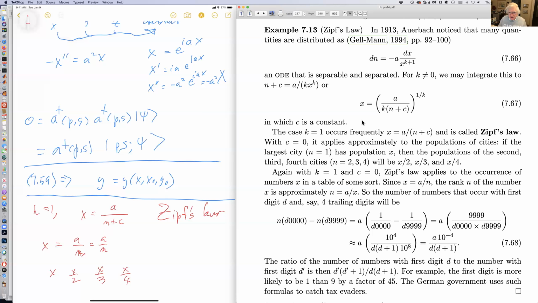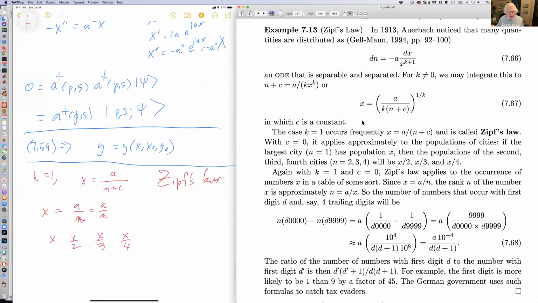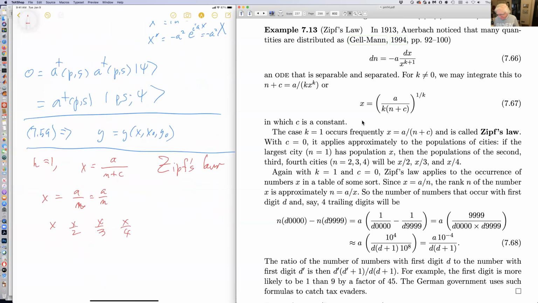I never checked that. But there's another case that shows up, which is, again, with k equal to 1 and c equal to 0. And it occurs to numbers in a table. So the number is x, and n might be the number of times that the number occurs in the table.